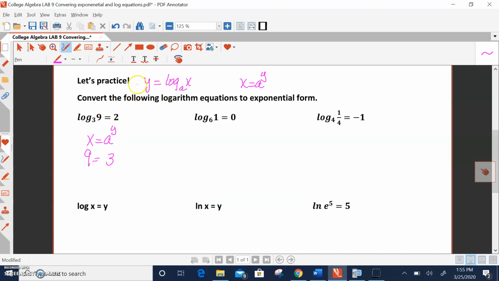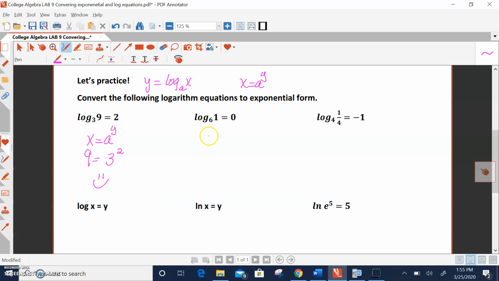And the y is the number that stands alone, which in this case is 2. So I'll put my 2 right here. So this logarithm in exponential form is 9 equal 3 squared. And it should make sense. 3 to the second power is 9, so I know that I converted it accurately.